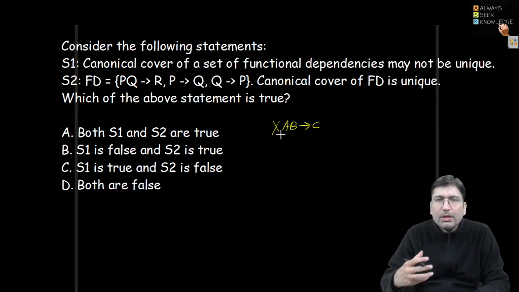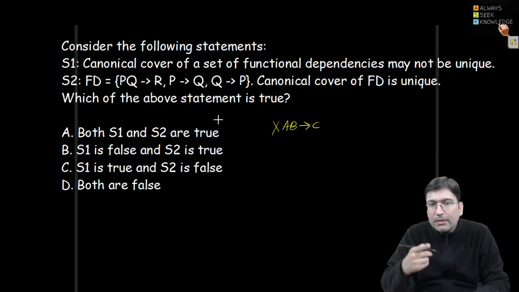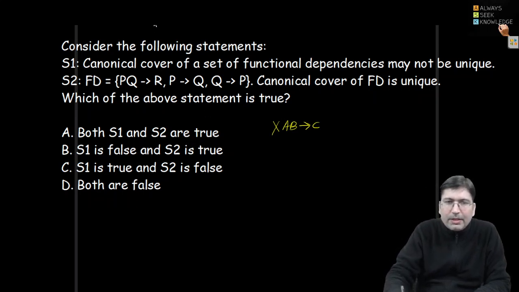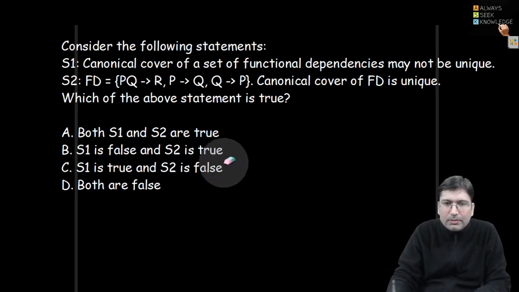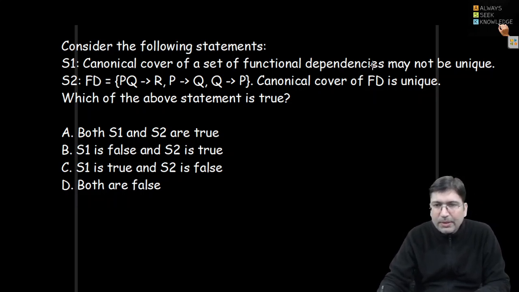So what is the canonical cover? It is the minimal set of functional dependencies which is equivalent to the given original set of functional dependencies. That we consider as the canonical cover. So let's check how we can find it. And remember one thing, the canonical cover of a set of functional dependencies may not be unique. It is true.